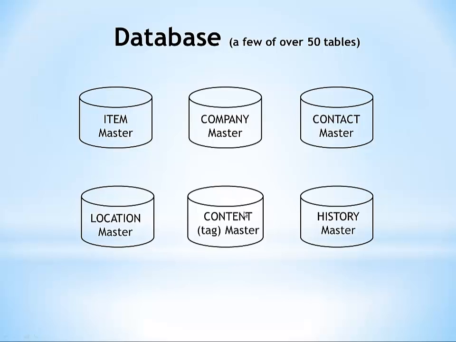Content master is basically your tag master. So for every tag, regardless of what kind of tag you have, there will be master records for each and every unique tag. And then, of course, there'll be a number of different history masters where you keep details of what's happened over time relative to the tracking that you do.